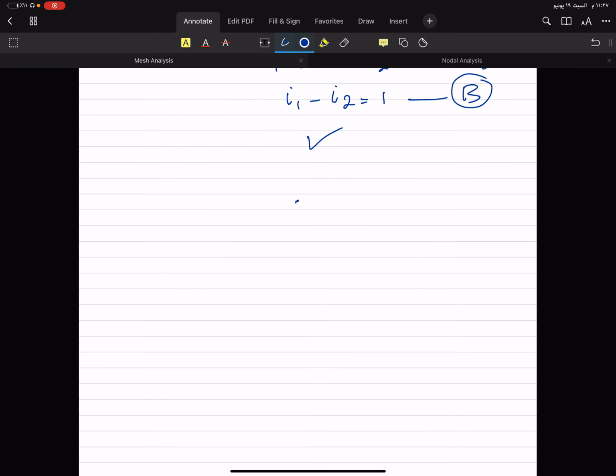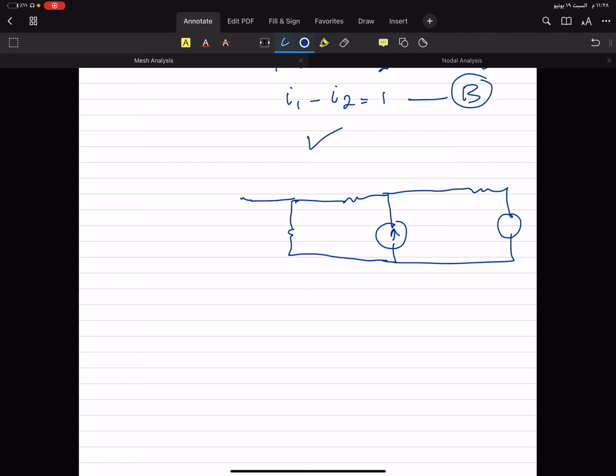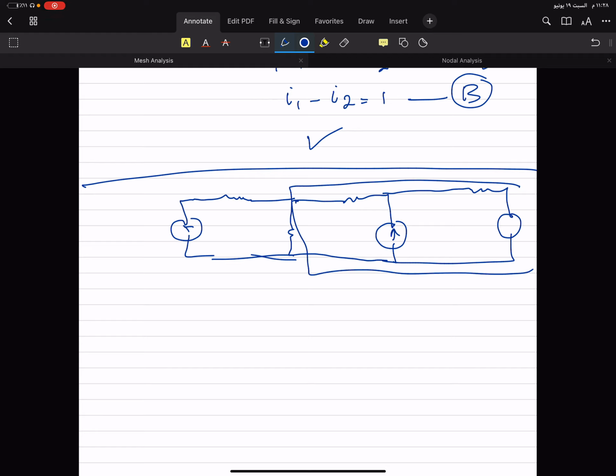Because sometimes you can have a supermesh inside the circuit. So, for example, you have this resistor, this current source, this resistor, this voltage source, for example. And here is still a resistor and a voltage source. So it's a confusing circuit. I'm talking about only the supermesh, okay?